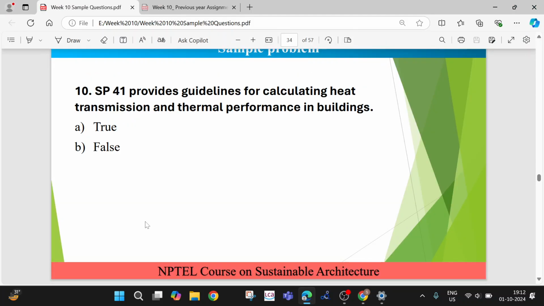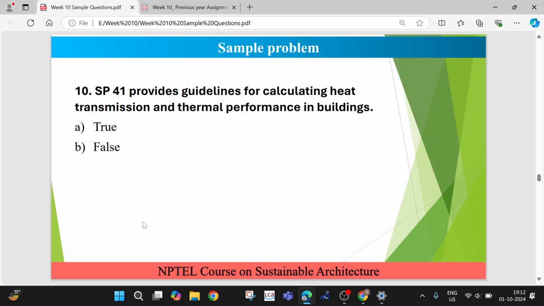So let's move to the next question. Here is question 10, SP41. This SP41 you might have heard. Based on that, try to answer whether this provides guidelines for calculating heat transmission and thermal performance in buildings or not. Pick it up. Try to answer this question.